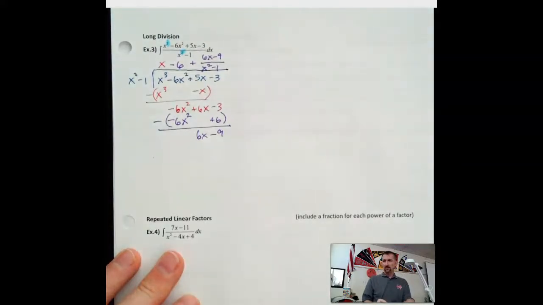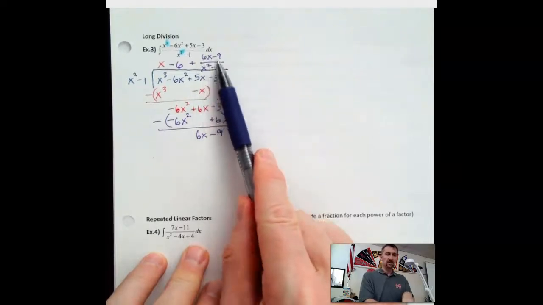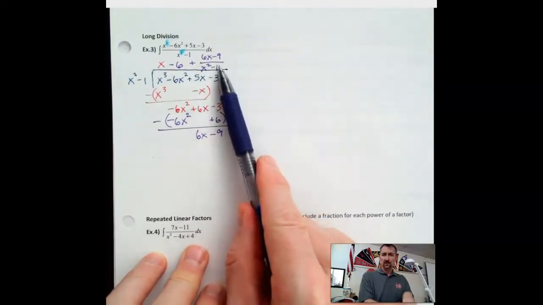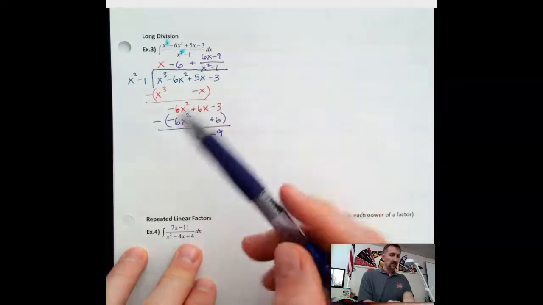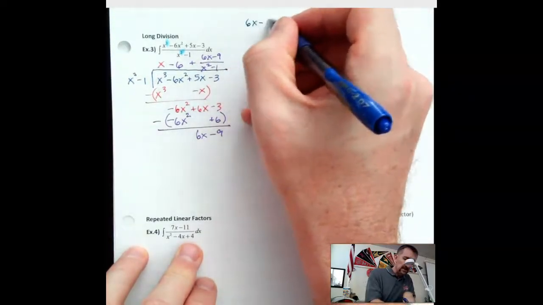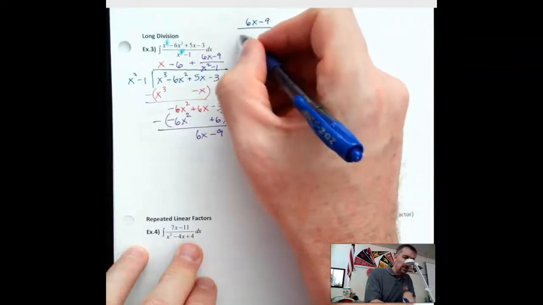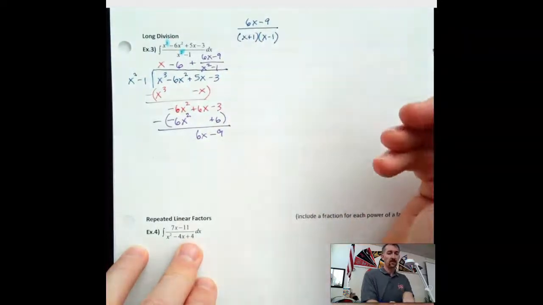So before I start to do that, I'm going to do the partial fraction decomposition of this. This looks a little more interesting than the last couple we had. It doesn't just have a 1 in the numerator, so maybe that'll be more interesting. So we have 6x minus 9 over x plus 1, x minus 1.